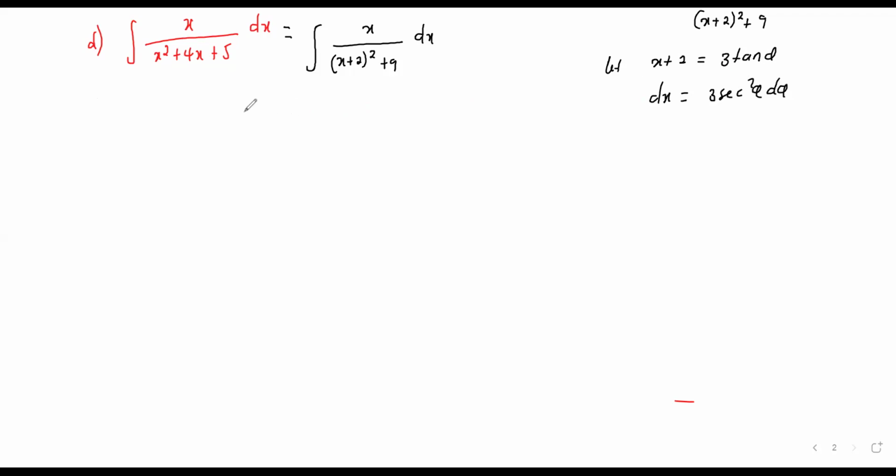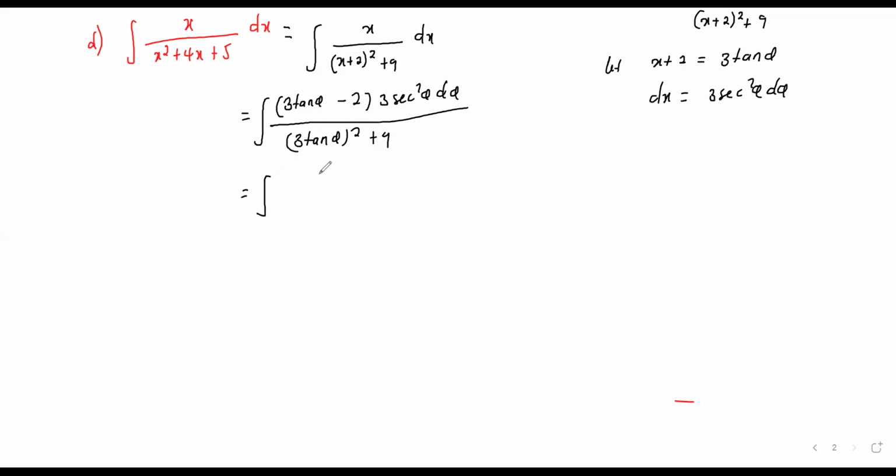Then now we can substitute. So we have x is equal to 3 tan theta minus 2, dx equal to 3 sec squared theta d theta, over x plus 2, that becomes 3 tan theta, and then we square, plus 9.